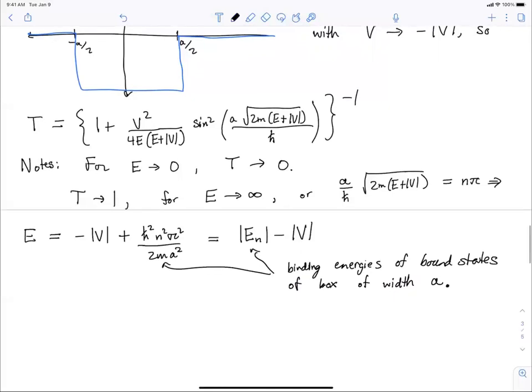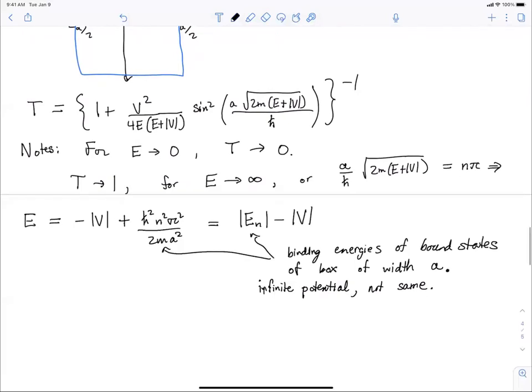So this is an infinite potential, not the potential we're actually scattering from. But somehow this scattering problem knows that if you send in a particle with energy corresponding to an infinitely tall potential with the same width, then the transmission coefficient will go to 1, and the thing will be transparent.